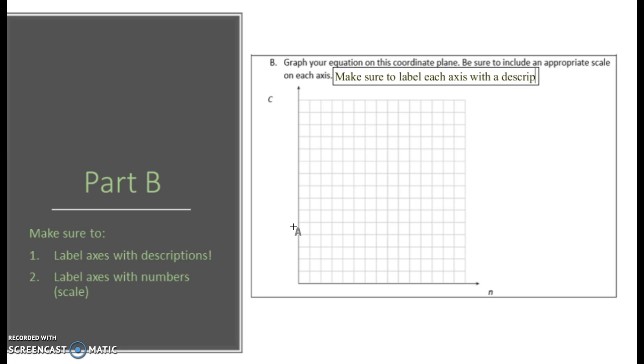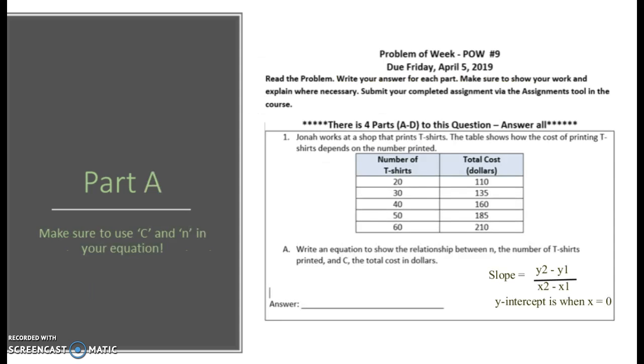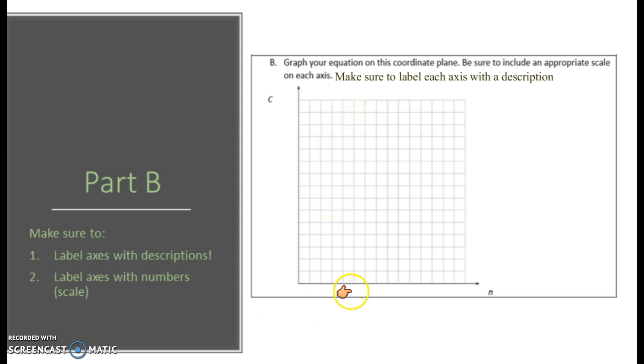So we have them labeled here for you, where N is the x-axis and C is the y-axis. So you could go back and use that to help you if you were struggling trying to identify those. But I want descriptions. So what does N represent?